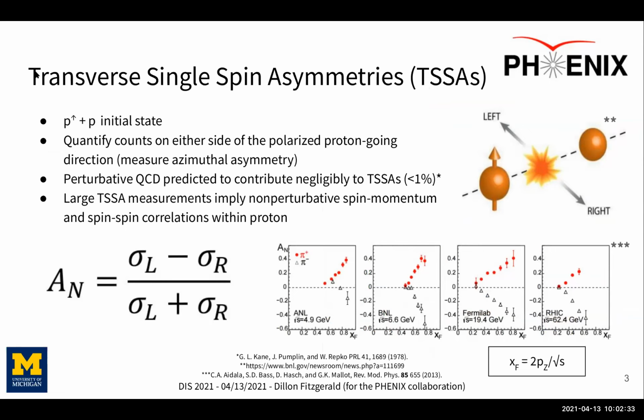This has already been described in some detail in the previous talk, so I won't talk about it too much, but I will just quickly recap that these transverse single spin asymmetries were predicted to be very small by perturbative QCD calculations, yet persisted to be large in measurements across several laboratories. So this actually implies the existence of non-perturbative spin momentum and spin-spin correlations within the proton, which is quite interesting.